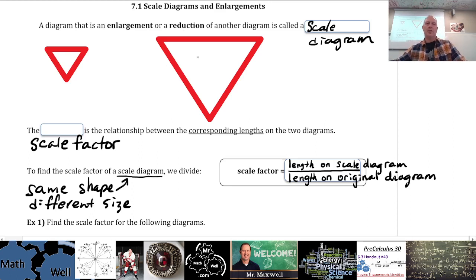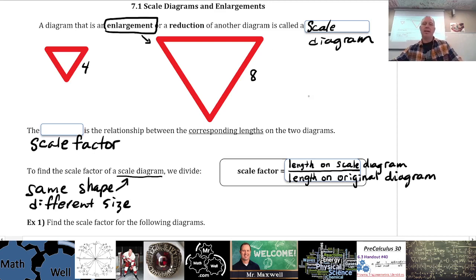So this is an enlargement, right? And if I said that this was 4, and over here this was 8, I could calculate what the scale factor is. That basically means by what factor, or what do you multiply the length of one side by to get the length of the corresponding side on the new diagram?